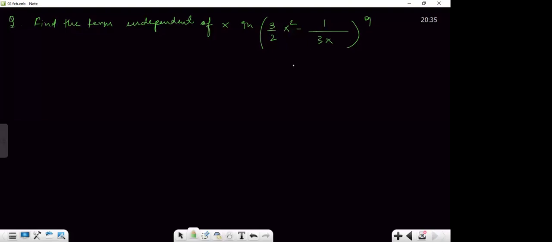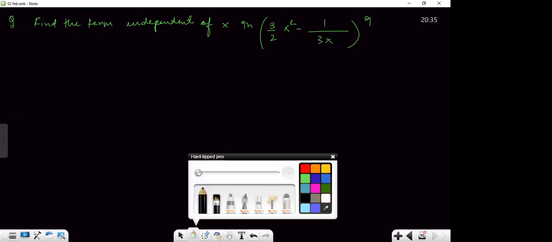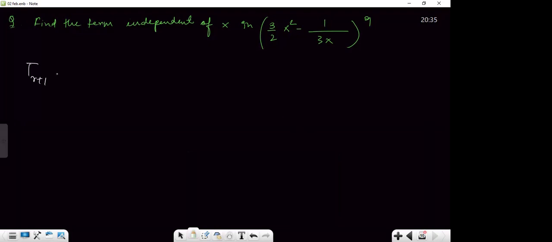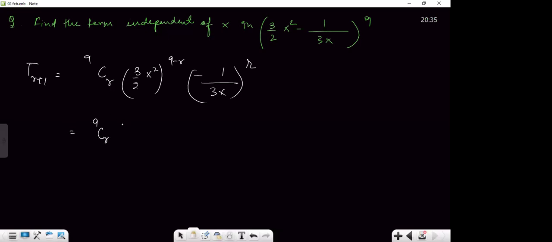So we have to find out the term which is independent of x. So simple, first of all, we will find out the general term. T(r+1) term. n is 9. 9Cr into (3 by 2 into x square) raised to power 9 minus r into (minus 1 by 3x) raised to power r. So let's solve the expansion, the general term first.